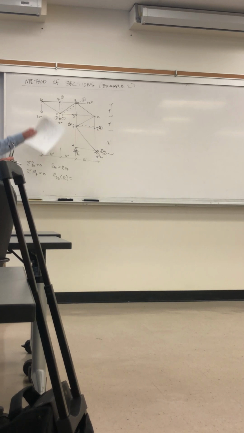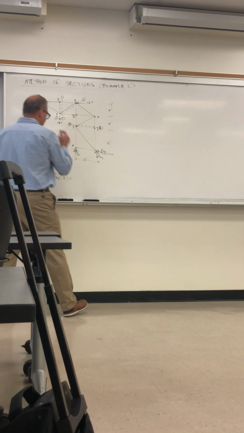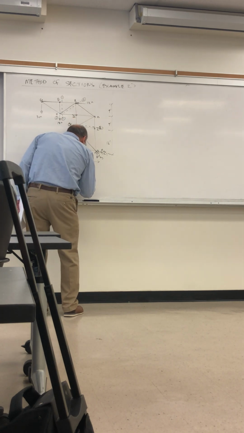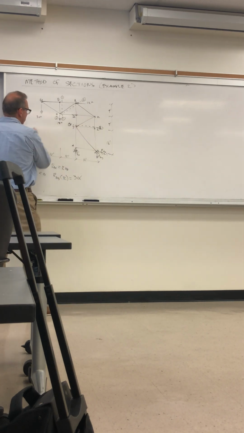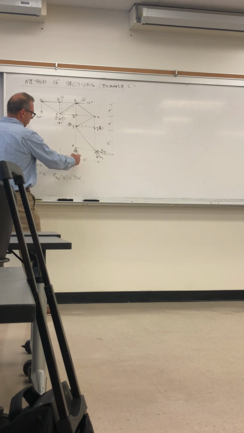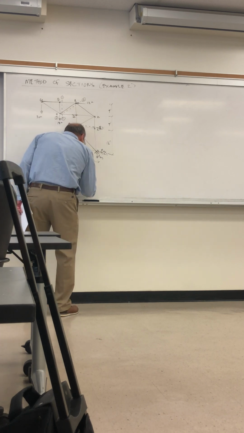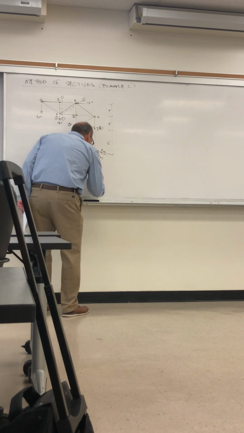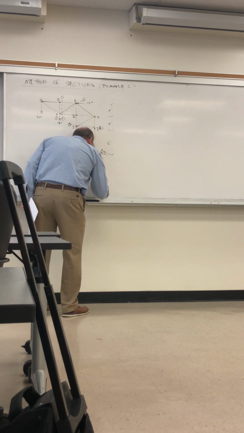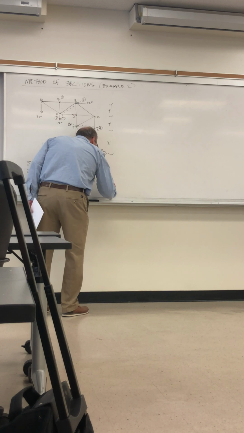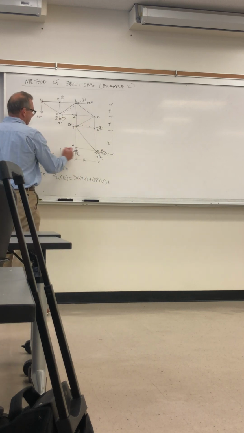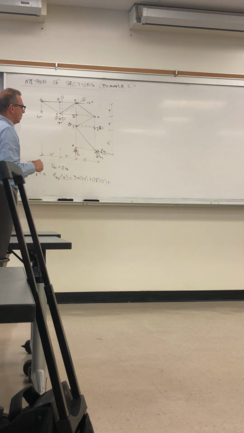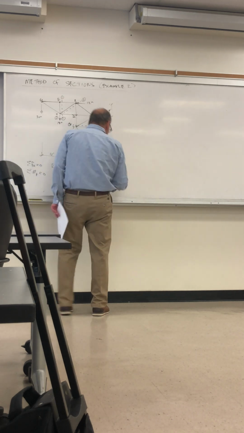So 2 are vertical, 1's horizontal. 30 times this force times the distance to A, the normal distance, which is 24, plus 18 times this normal distance, which is 12. 18 times 12, counterclockwise, plus 12.